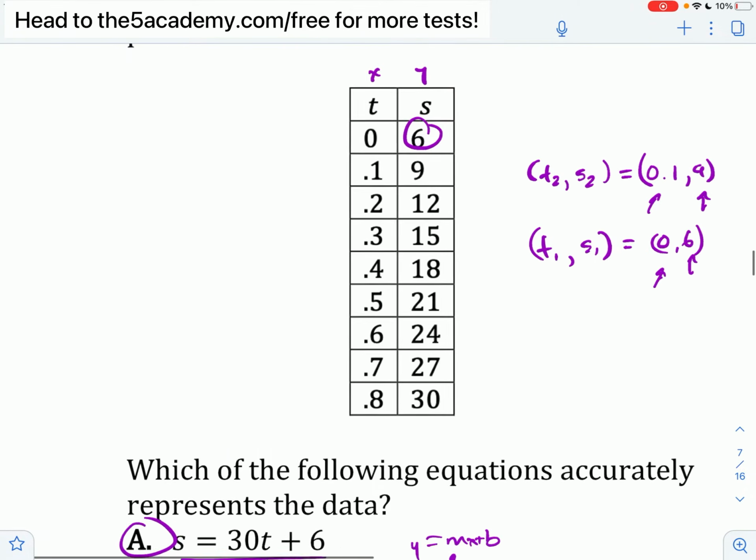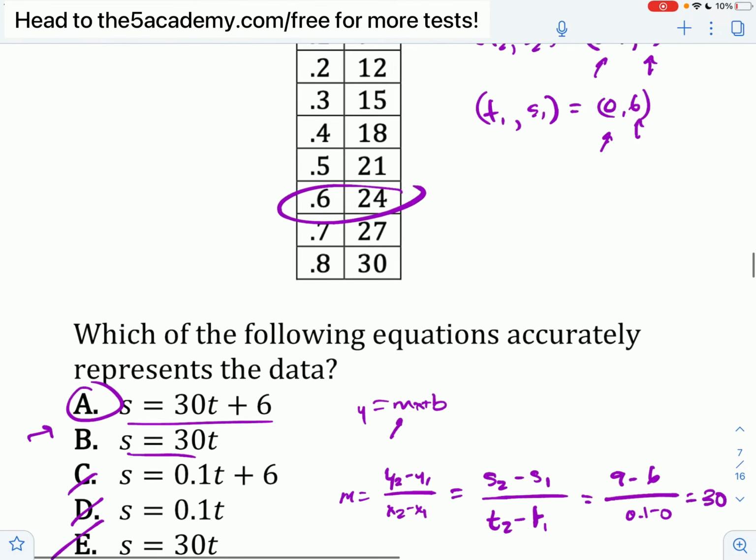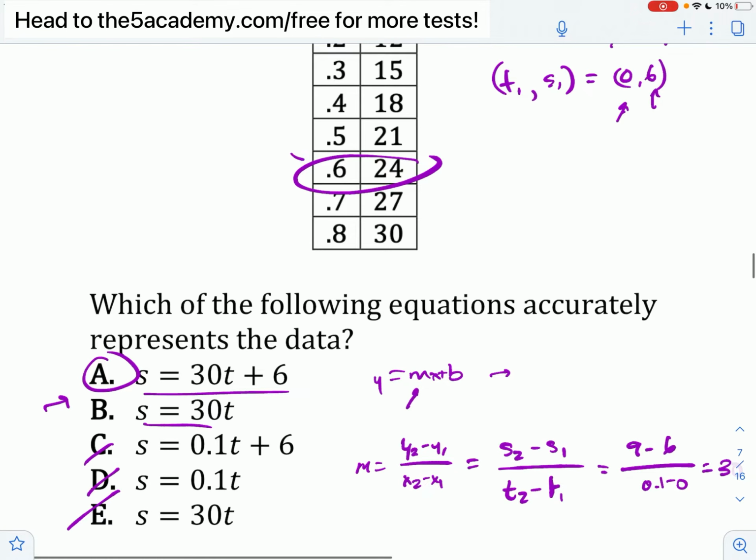If you're not sure about what I just said, if that doesn't make sense, what you could do is just take any one of these points and plug it into this equation of this form. So just plug in an x and y coordinate along with your m value that we calculated into this equation and then solve for b.